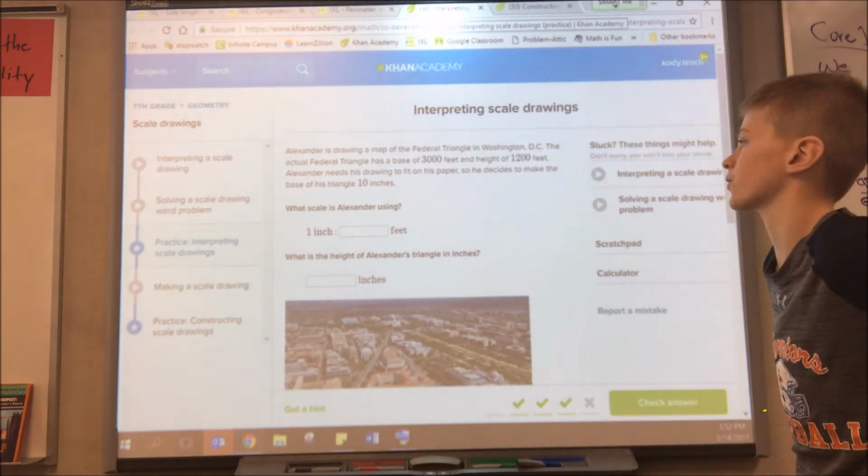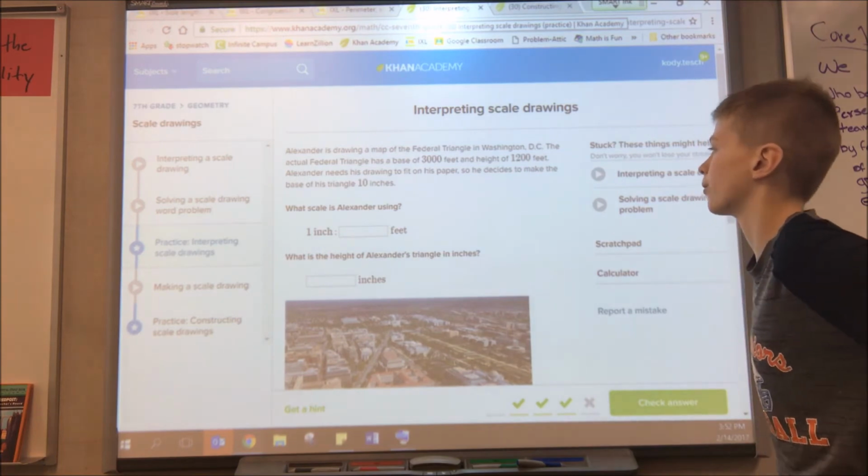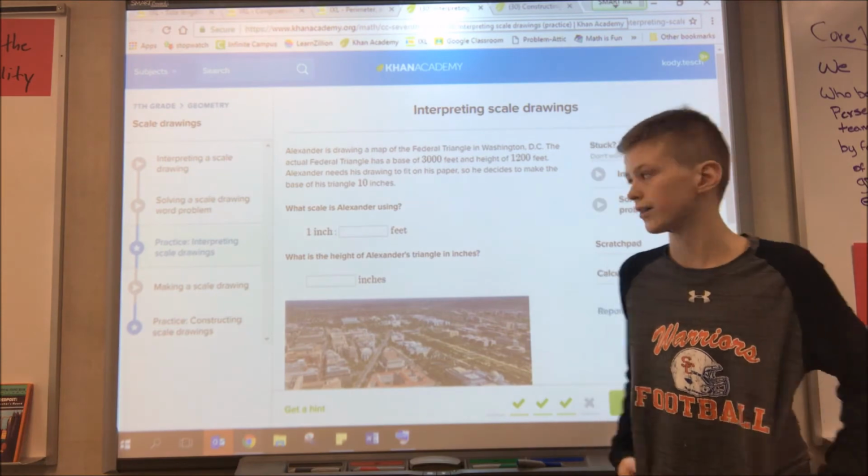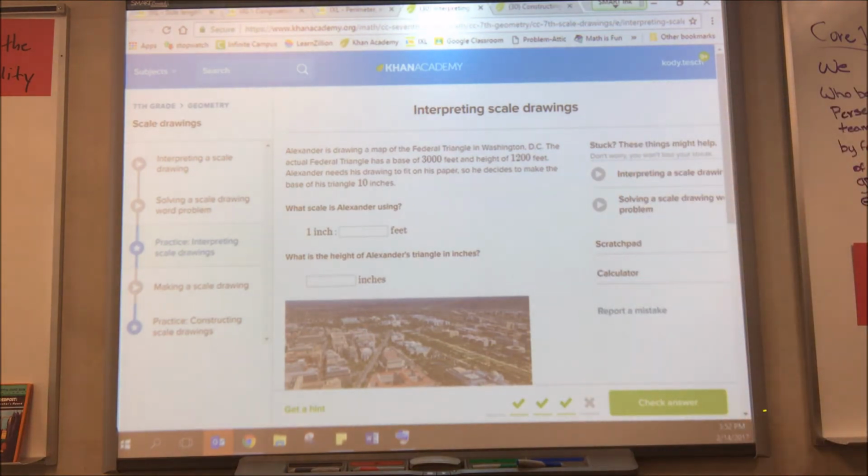Okay, Alexander is drawing a map of the Federal Triangle in Washington, D.C. The actual Federal Triangle has a base of 3,000 feet and a height of 1,200 feet.